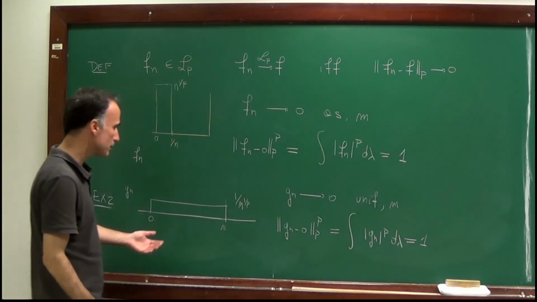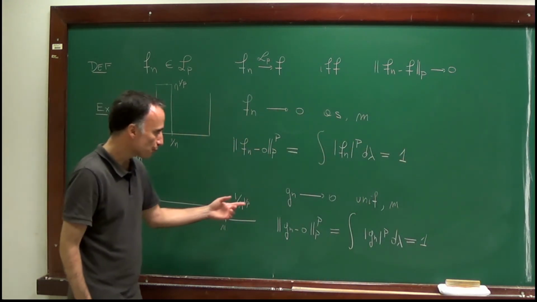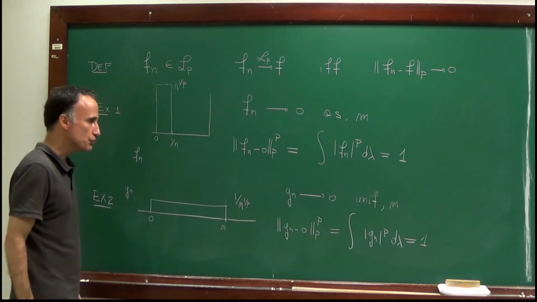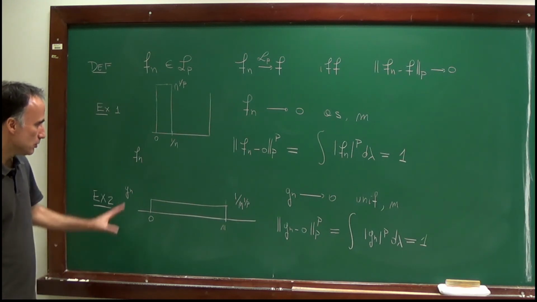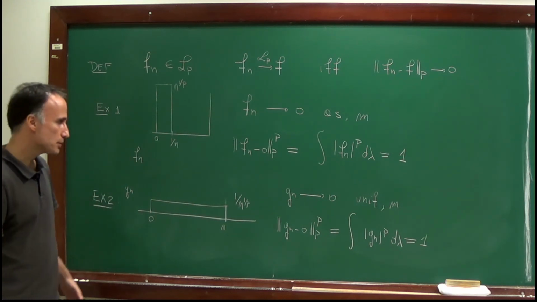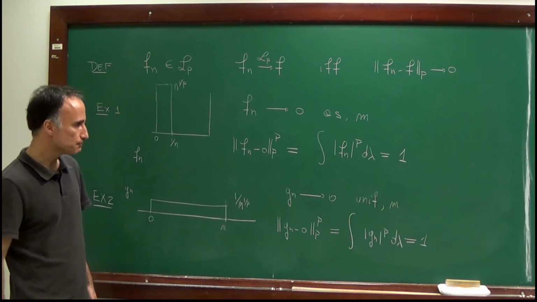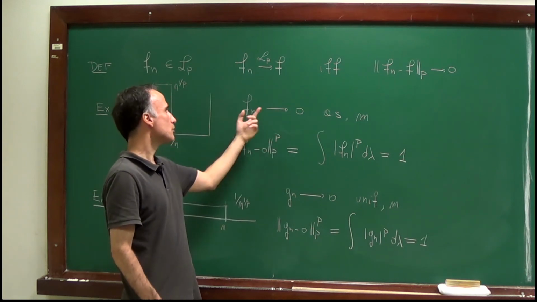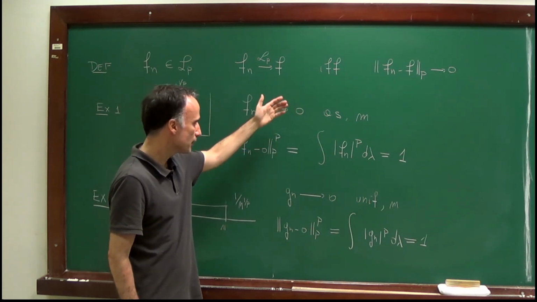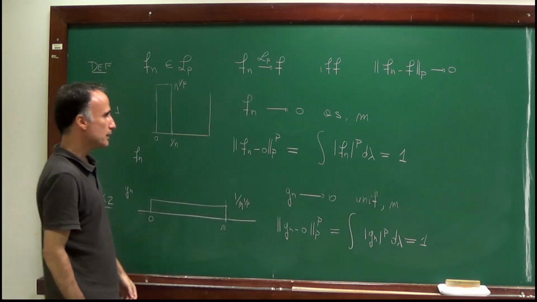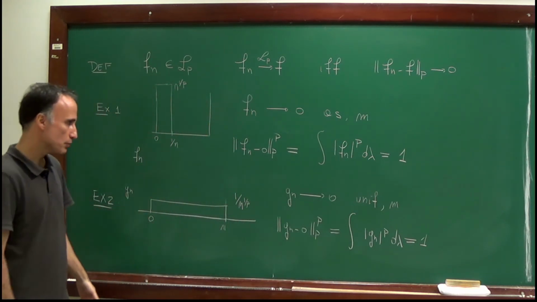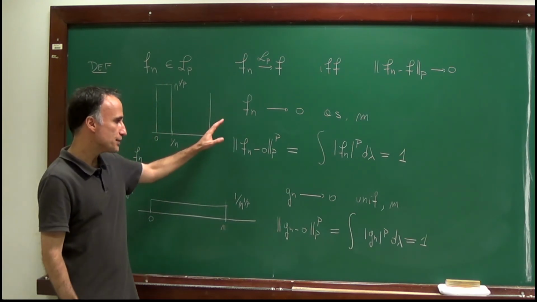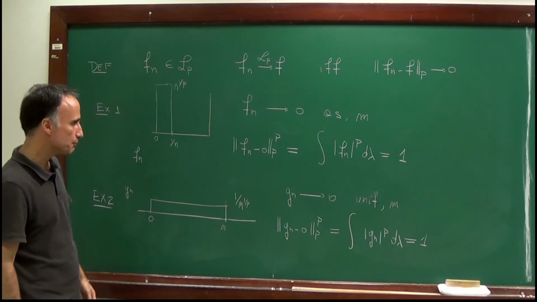And here we have a second example of a sequence which converges to 0 uniformly, but which does not converge to 0 in LP. So these are two examples for when we will be discussing if a sequence converges to a function in measure, does it converge in LP? We have here two examples which say it doesn't, so we'll need to impose extra conditions on the sequence in order to guarantee convergence in LP.